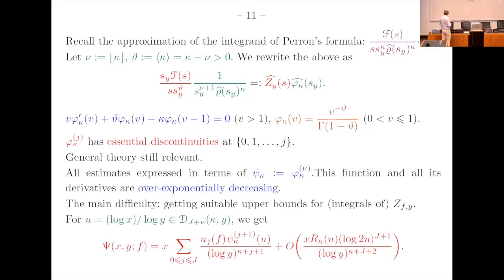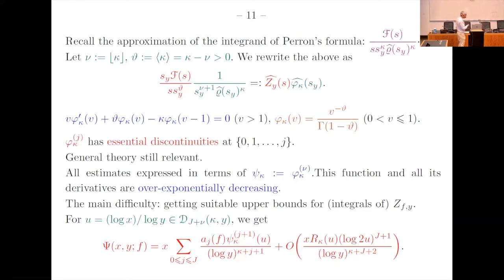So you can do it, and then we finally get the same kind of estimate, but also with a domain defined by the fact that the fractional part of u needs to be large when u is small.